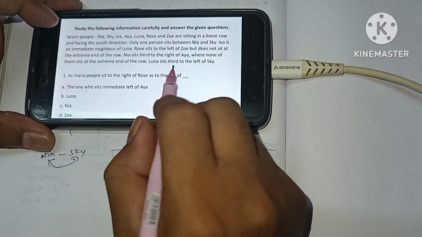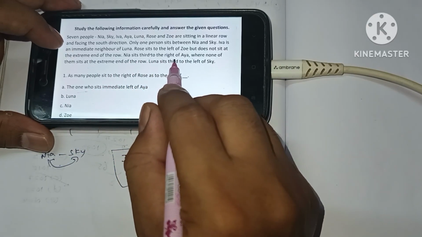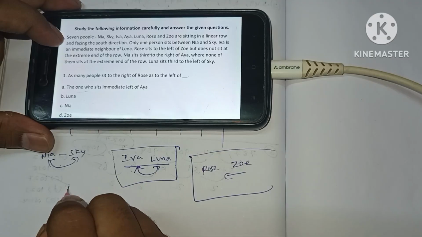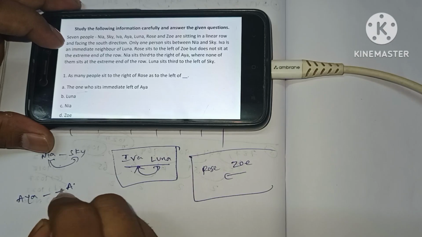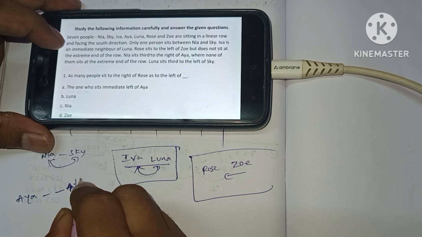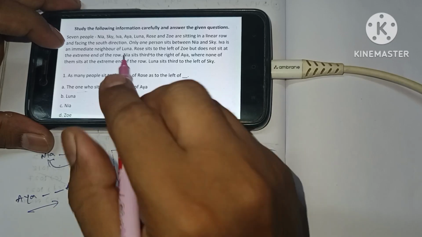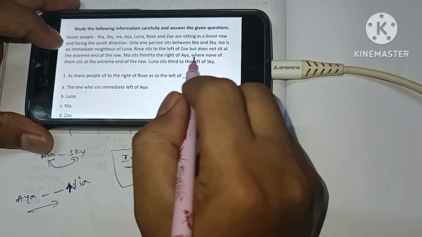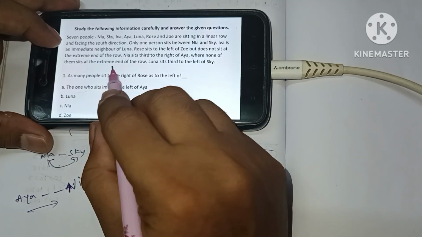Okay. Next one, Nia sits third to the right of Aya. Aya, and the third one on the right side will be Nia. Okay. Next, Aya and Nia, none of them sits at the extreme ends.